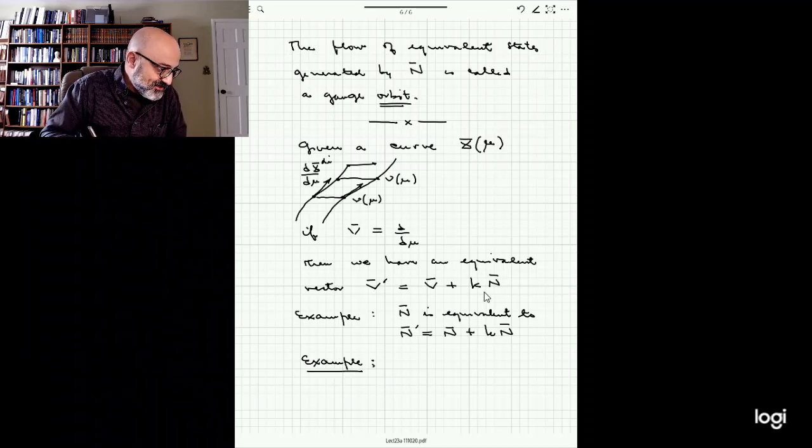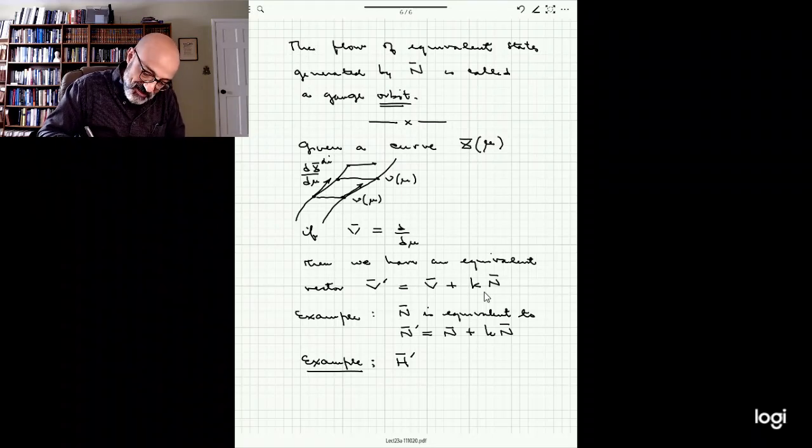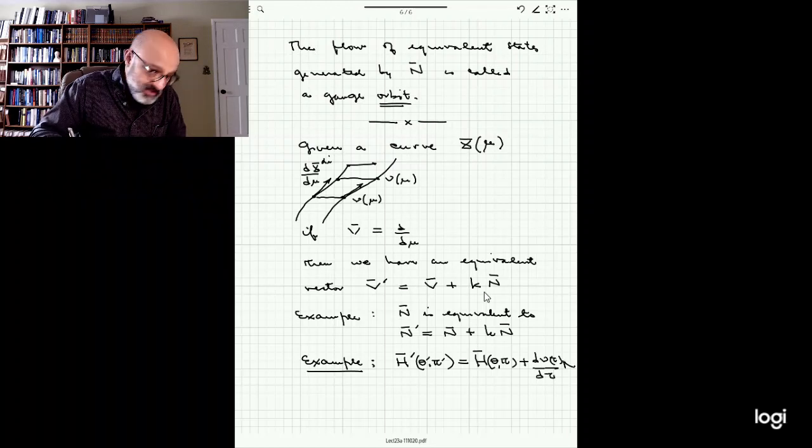If you have the vector h, then the vector h prime at the points theta prime, phi prime is going to be equivalent to the vector h at the points theta pi with some constant, and in this case the constant is going to be d nu d tau n. So let's see how that comes about.